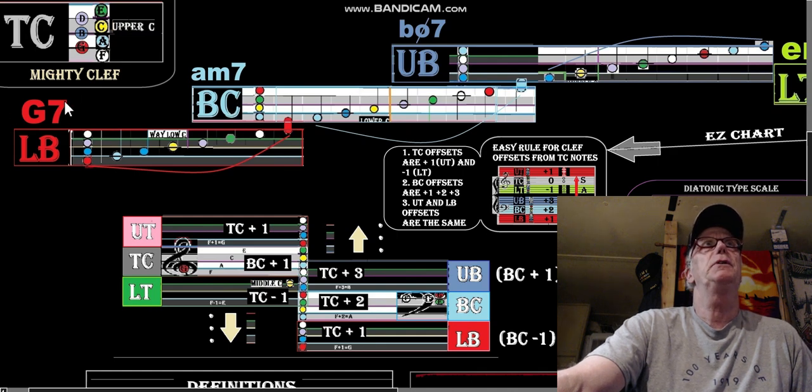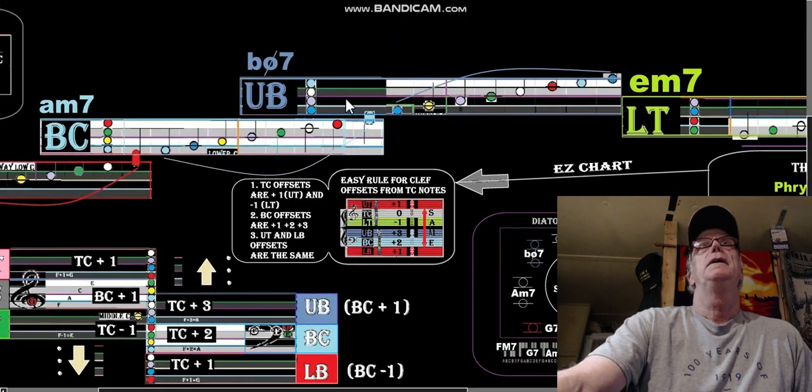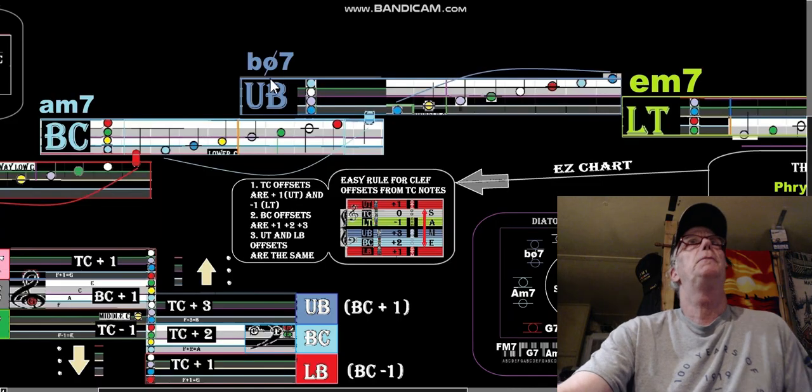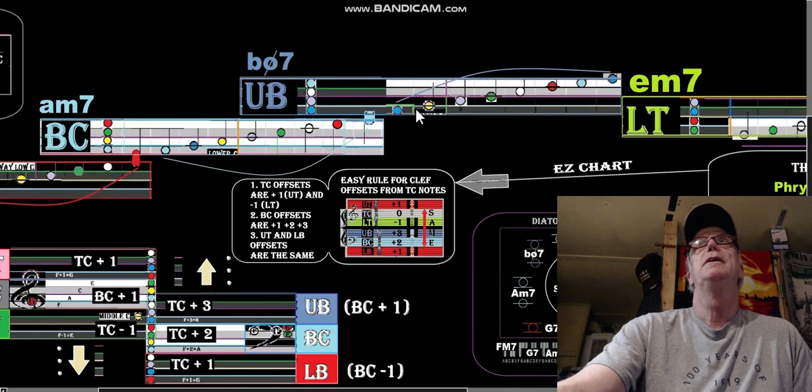So in this scheme, we have our G7, and we still call this bass clef A minor 7th because we're still looking at the 4 here. The upper bass, those inner mighty notes, is B half diminished 7th.